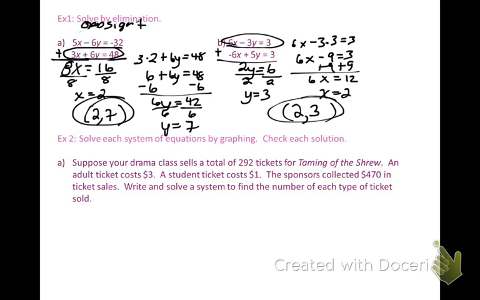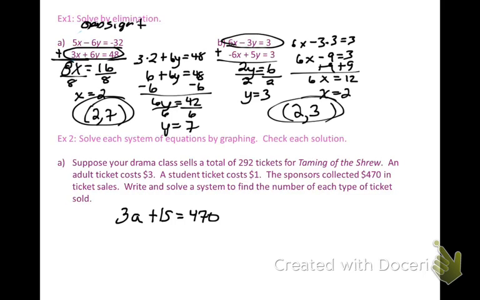All right, suppose your drama class sells a total of 292 tickets for Taming of the Shrew. An adult ticket costs $3, so $3 for an adult ticket. A student ticket costs $1, so 1s. And they make $470.